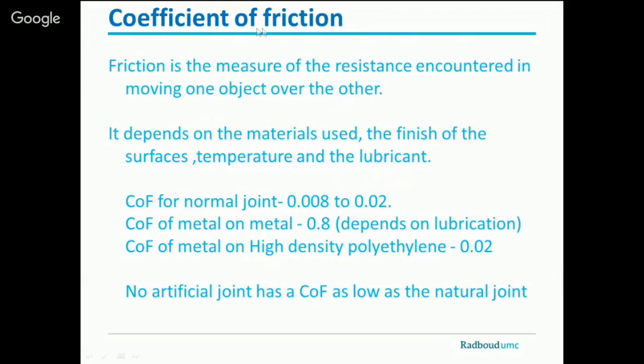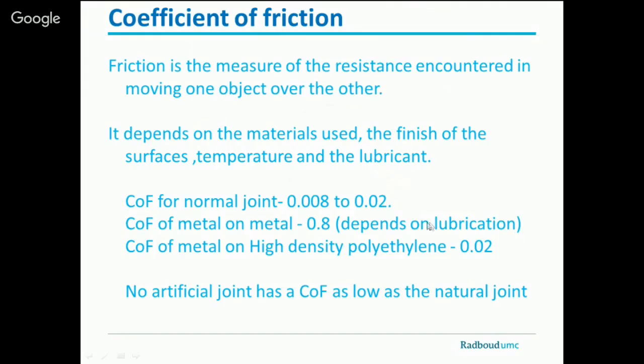The coefficient of friction is of course very important, and friction is the measure of the resistance encountered in moving objects. I think most of you will know that. The coefficient of friction for a normal joint is extremely low. It's lubricated. We talked about cartilage. It's really very low. The coefficient of friction of metal on metal is a little bit uncertain.